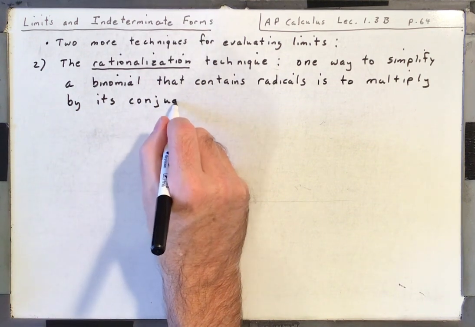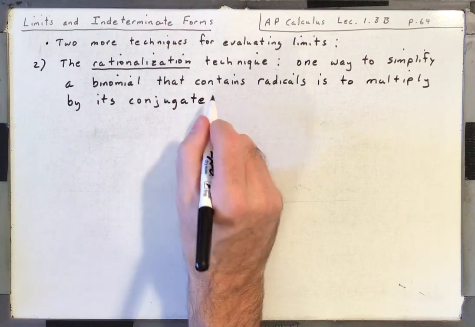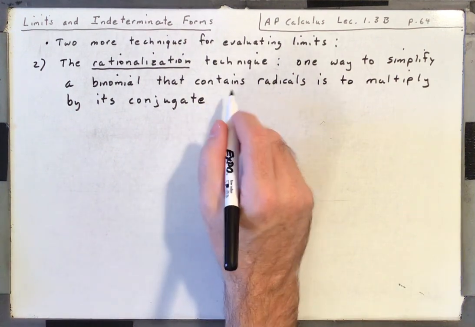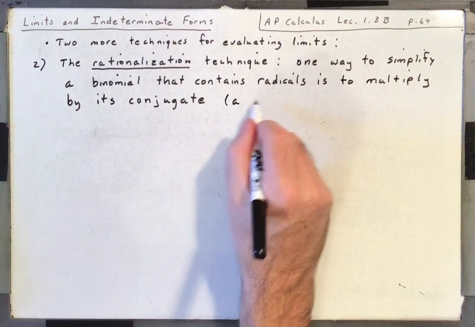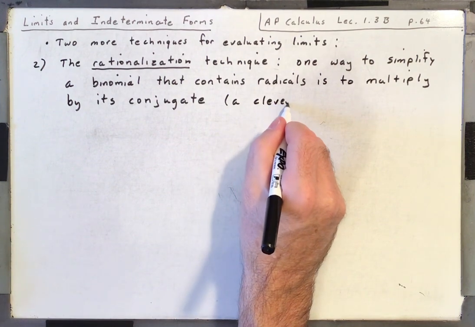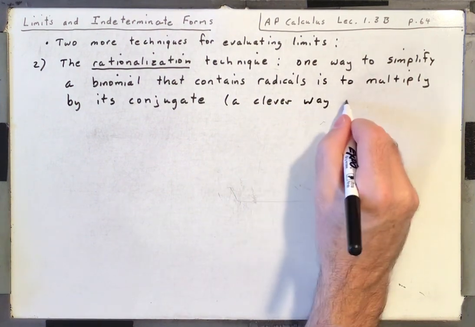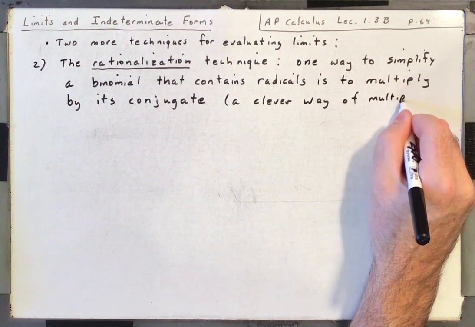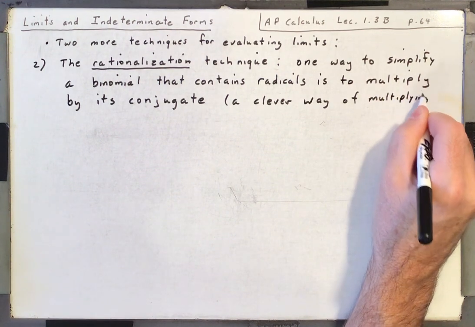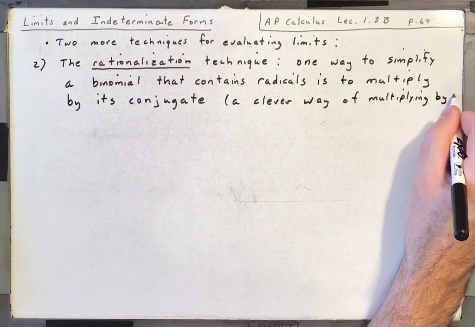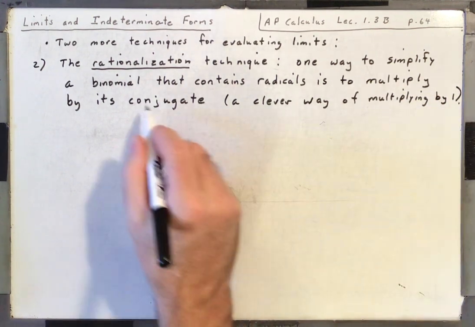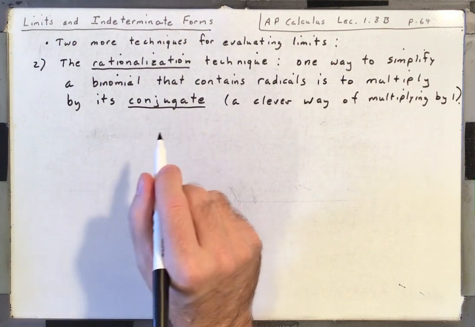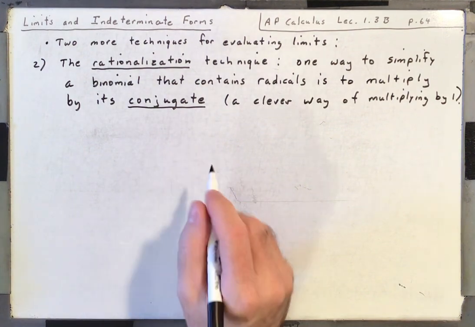Now, if you've forgotten what a conjugate is, I will remind you. But ultimately, it's just a clever way of multiplying by 1. Okay, let's do an example.